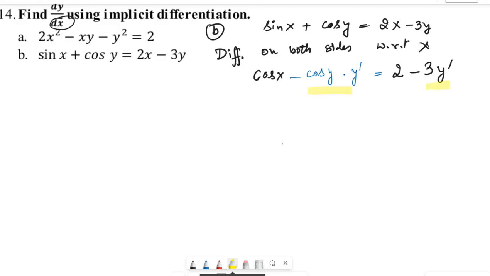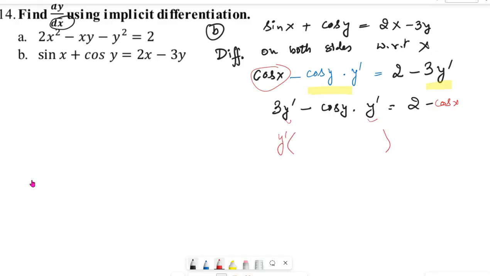Highlight all the terms with y prime and bring all the y prime terms on one side. So 3y prime comes on this side, and the terms without y prime go on the other side. So cos x goes to the other side, and it changes sign when it goes to the other side. Now we notice y prime is a common factor, so it can be factored out.